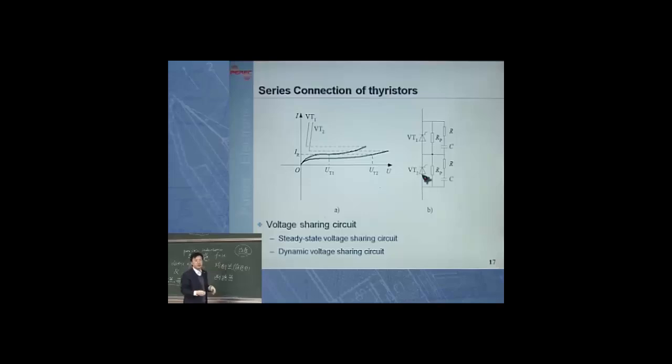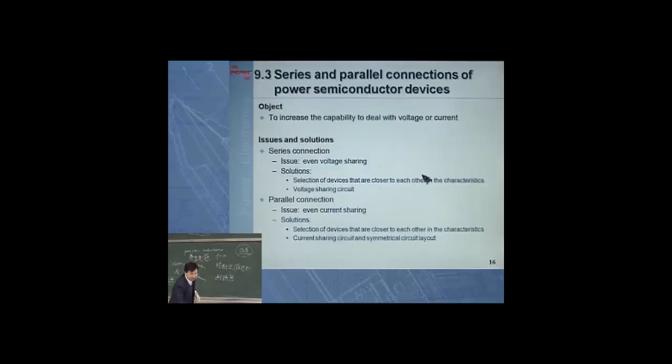And similarly, for parallel connection, you have to make sure the current would be evenly shared. Otherwise, if one device is taking too much current, that device will be destroyed. Once that is destroyed, all the current will be flowing through the other devices, and this will also exceed the sustainable range, and those devices will possibly also be destroyed.